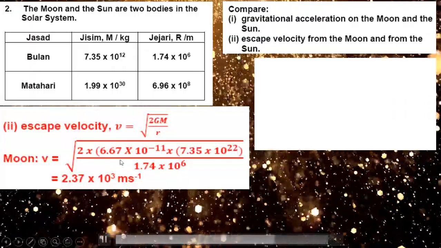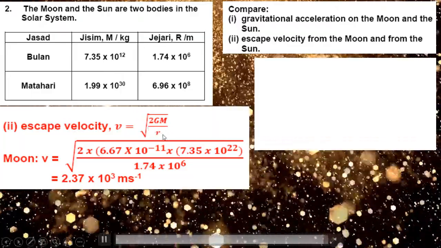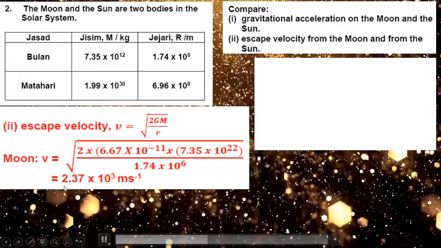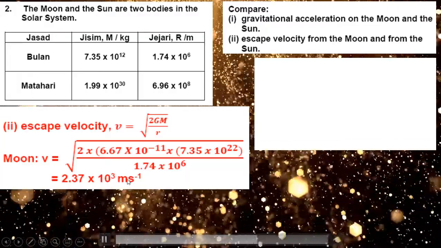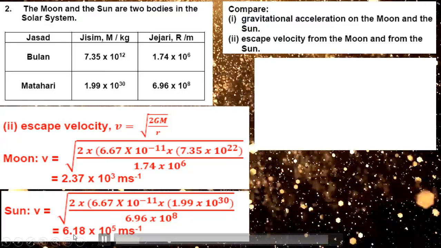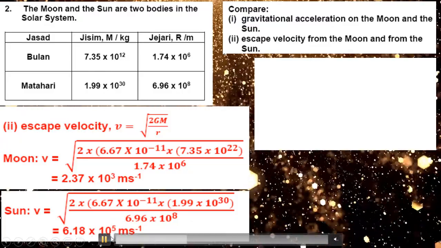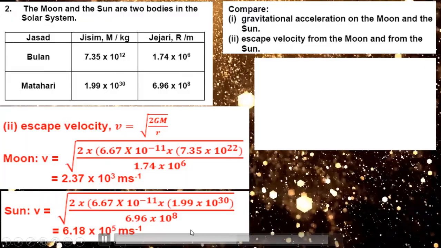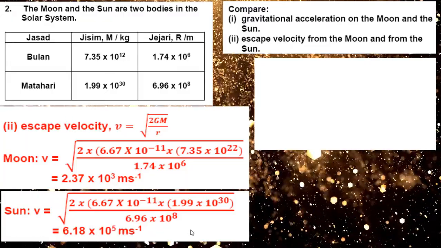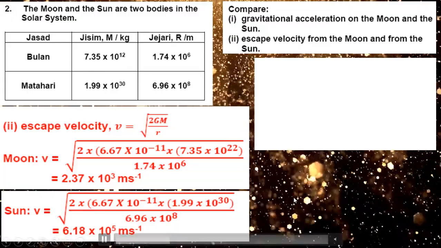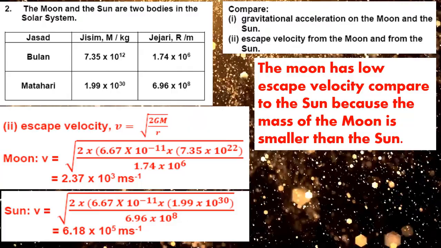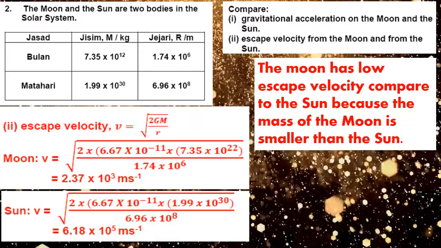We calculate using this formula, and we get the escape velocity for the moon is 2.37 times 10 to the power of 3 meters per second. And for the sun it is about 6.18 times 10 to the power of 5 meters per second, about 600,000 meters per second. So the moon has a low escape velocity compared to the sun because the mass of the moon is smaller than the sun.